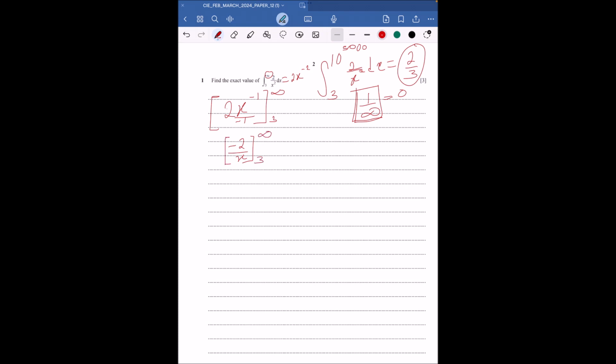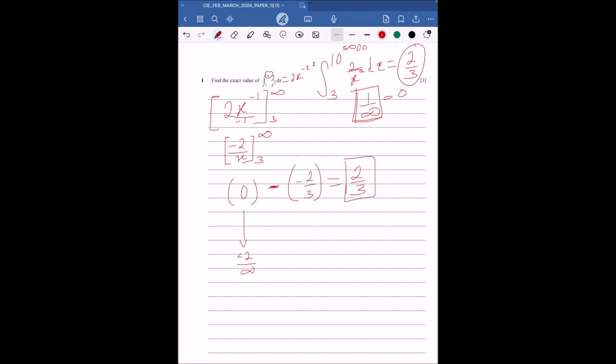Now I can substitute. Wherever I have infinity, this will be 0, because I'd have minus 2 over infinity, which you should not write. Then minus 2 over 3 if I substitute 3. So this gives me 2 by 3.